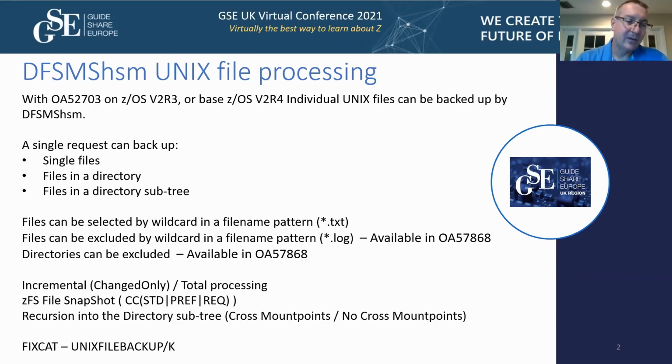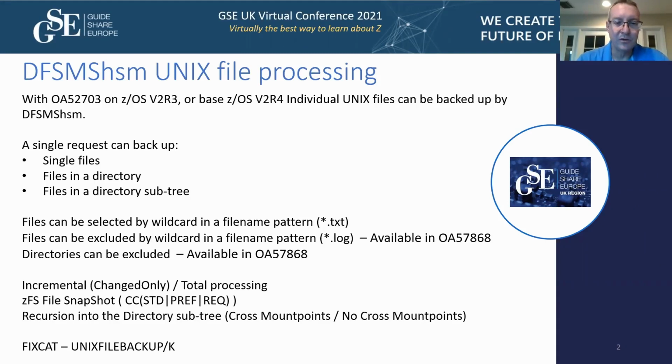So some interesting things that I included that I don't see people using very much. Specifically, you can select files that are included in the backup. So you can have a file name pattern on the request, and as we're looking at all the files in the directories and the subdirectories, we'll only back up files with those patterns. But I'm finding that people don't use that very much.